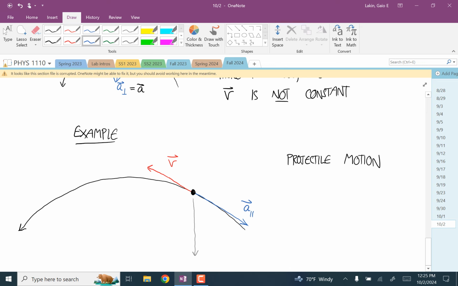Now, if you fit a circle to that curve, it would be on the underside of this curve. And so the perpendicular part of the acceleration is this way.